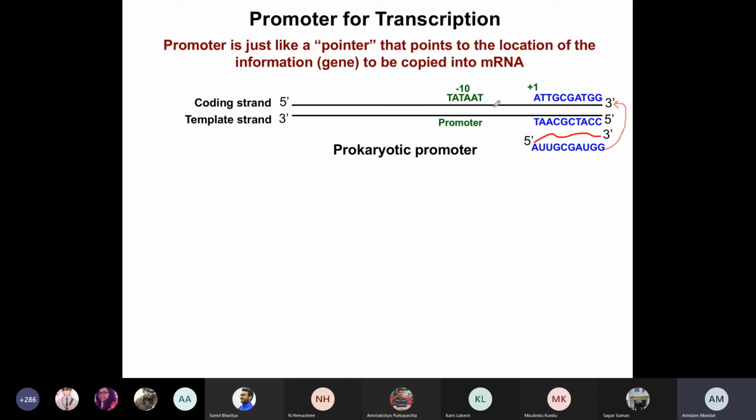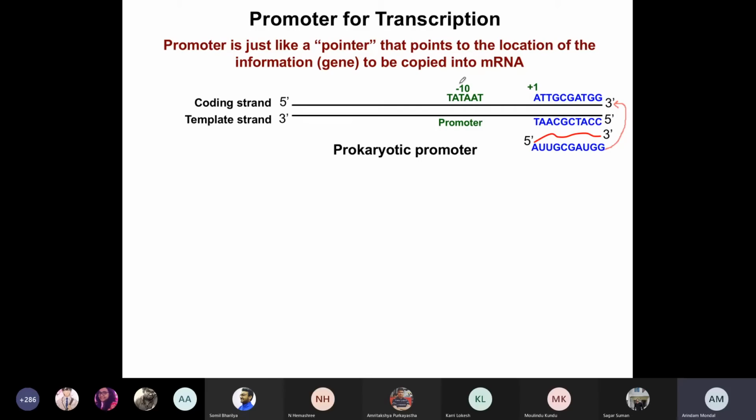As soon as it recognizes that, subsequently it will unwind the two DNA strands from each other and then will initiate the reading of the template strand so that it can produce the RNA which will have the same sequence as the coding strand, with the exception that whenever there is a T, there should be a U in the RNA.